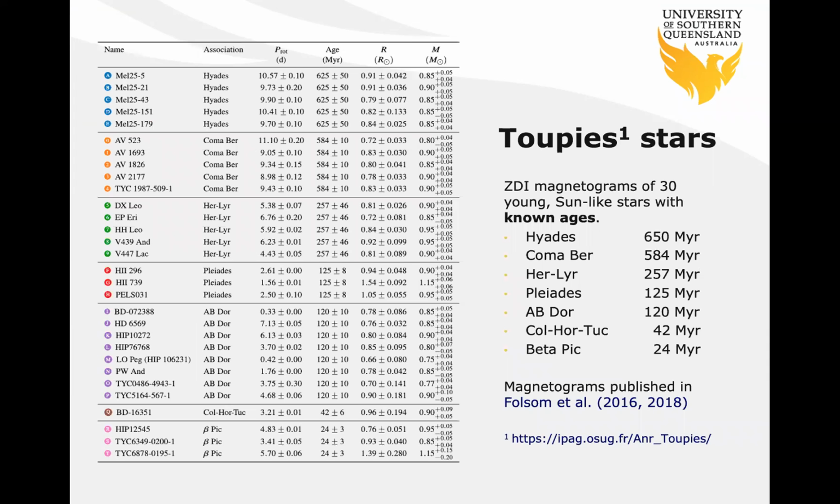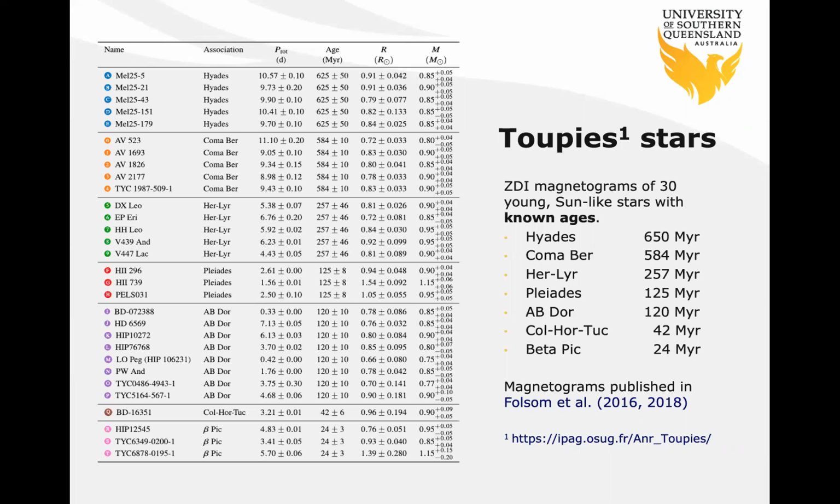In my work, I've been using magnetograms from 30 young sunlike stars with known ages between 650-ish million years and 24 million years. You can see on the left here a nice list with all of them.